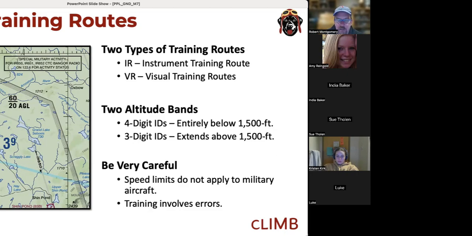And I know this is kind of goofy. The number of digits here, it tells me that this route extends above 1,500 feet AGL, right? If it had a 4-digit code, the entire route is below 1,500 feet AGL. What does that tell me? I see a 4-digit code, get above 1,500 feet AGL, in theory, I should be fine, right?